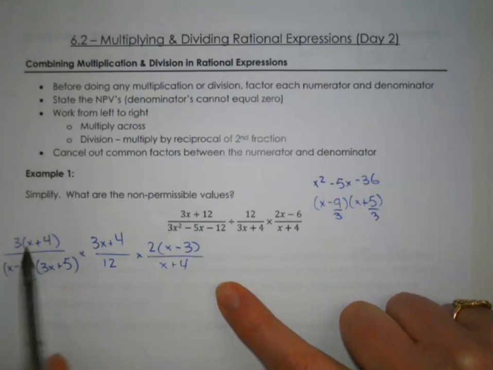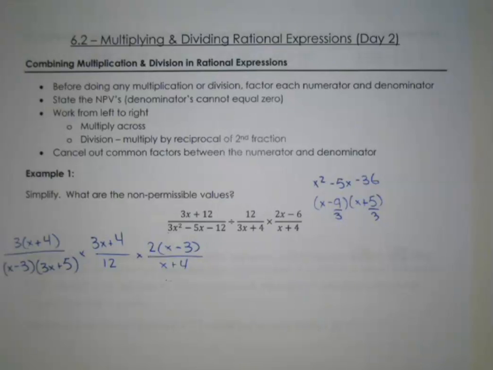Now we have everything set up to multiply across, so we just want to see if we can cancel any common terms. I'm just going to see if I can find my highlighter. There we go. Hold on a second here.